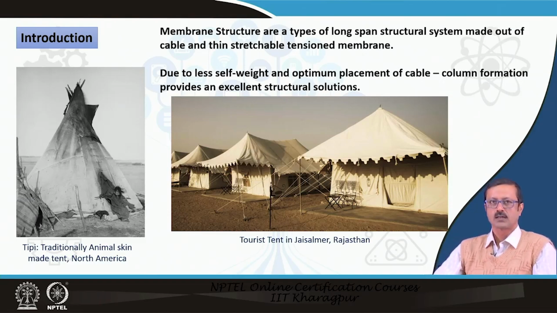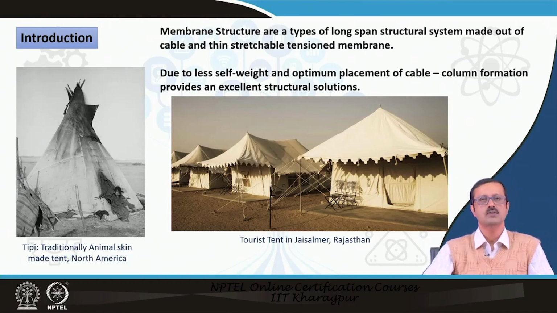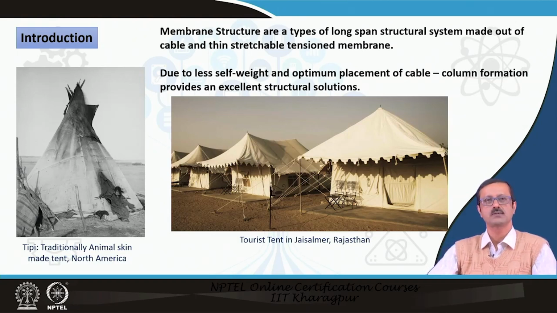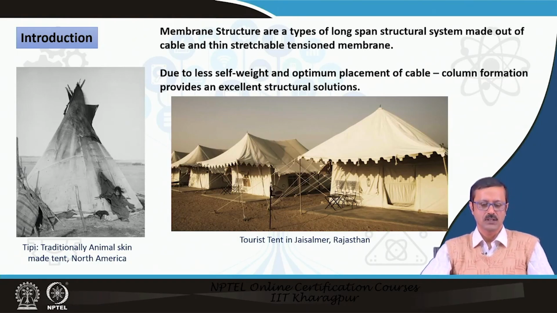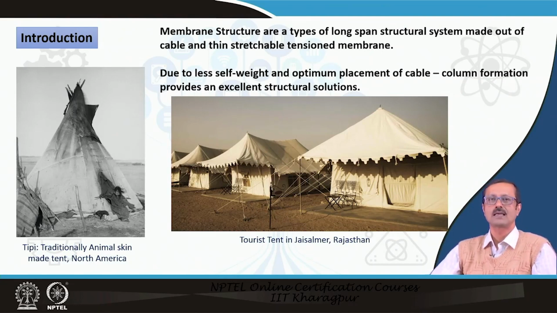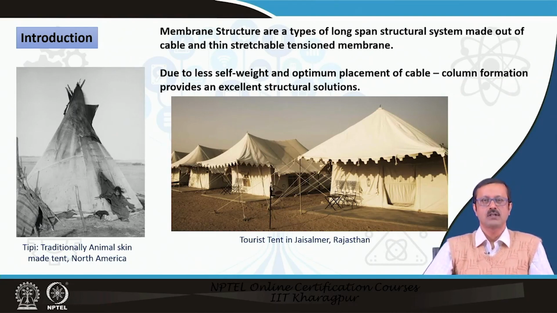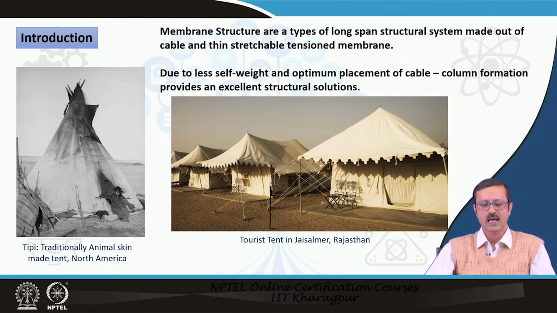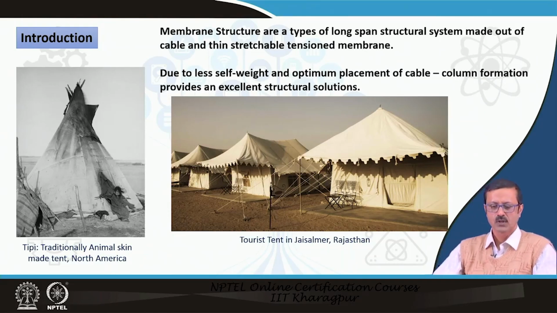As we understand, membranes can be used, and human civilization has been using this membrane for quite a long time. Our goal will be how to provide the cable, because the membrane cannot stay up by itself. You need cables to tie them, and you have to make it straight and stretch it properly, and with that we can create a roof or maybe a wall.